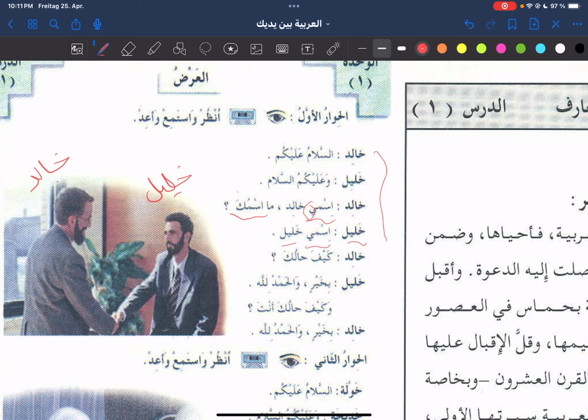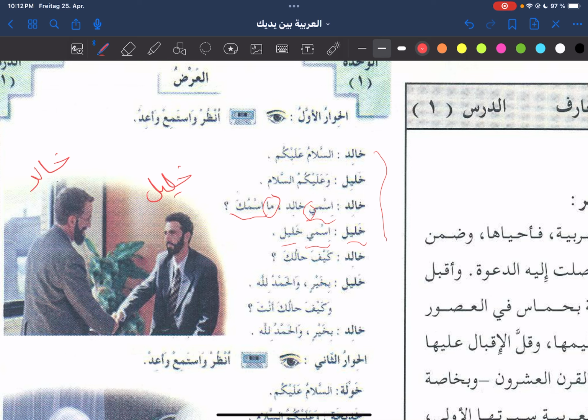So you will say, Ismi Khalid. And then you will be curious to know what my name is, so you will say, Ma ismuk. Ma is a question word that you use to ask about something you didn't know. It's like what in English. So Ma ismuk actually means what's your name.